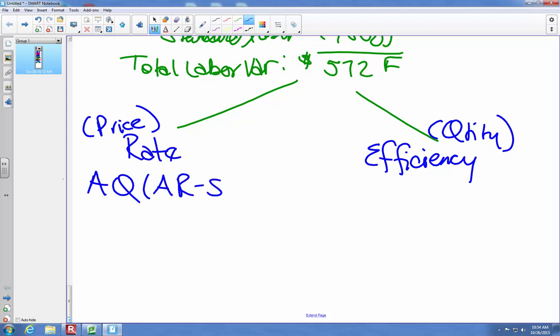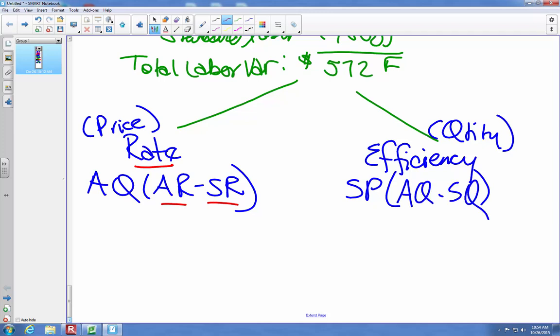Very good. That's called rate. This is what goes inside my parens. And for my efficiency, what do I want inside the parentheses? Yep, quantity, exactly. Okay, go ahead and we'll start class on Wednesday by taking a look at those, and then we'll finish our example with the overhead variances.